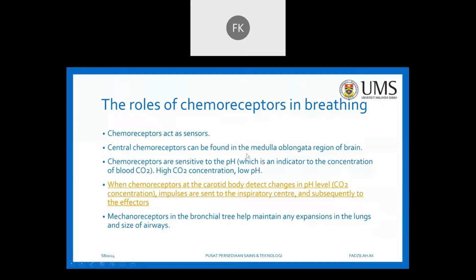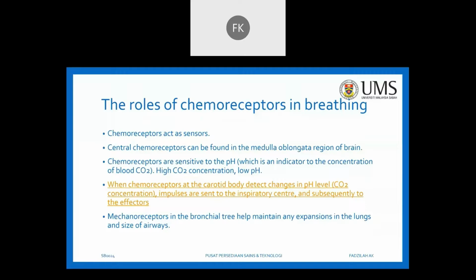These chemoreceptors are sensitive to the pH level, because when your pH level is low, it indicates that the concentration of CO2 is high. When chemoreceptors at the carotid body detect changes in pH level and CO2 concentration, impulses ascend to the inspiratory center and subsequently to the effector.